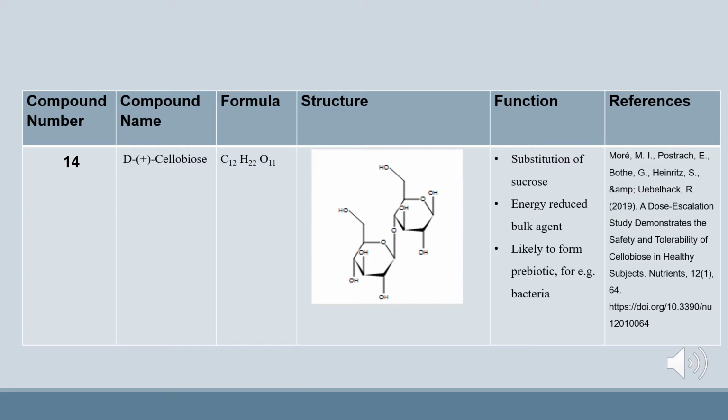Another function is it acts as an energy reduced bulking agent, that is, it produces half of the energy as glucose. It is likely to form prebiotic, that is, the growth of important microorganisms such as bacteria, which influences the intestinal microbiota activity.